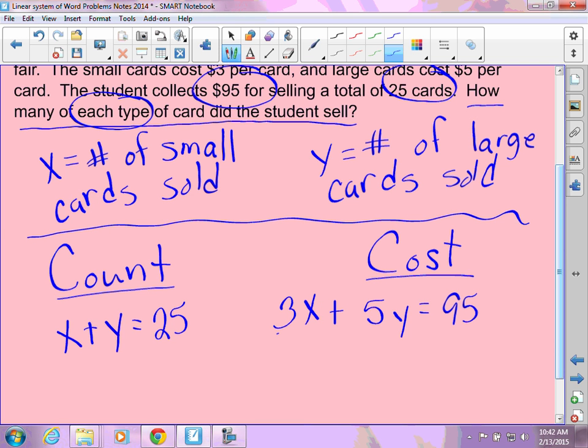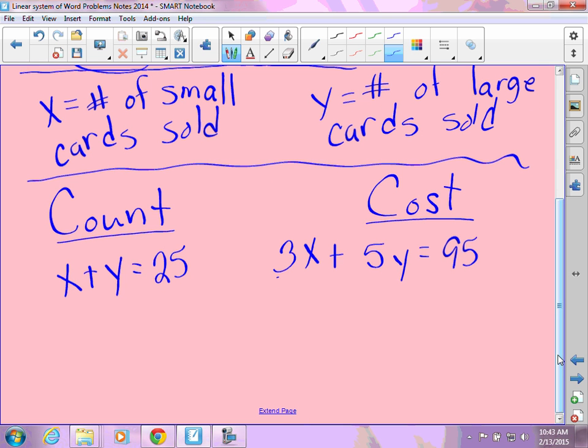Okay, now what we're going to do is we're going to solve this using graphing. It's going to be the hardest, and I'm going to teach you how to kind of cheat too, okay? So what I want you to do is on this first equation here, I want you to put it in slope-intercept form. So how do I do that? Subtract x, y equals negative x plus 25. What's my m? Negative 1. What's my b? 25, good.